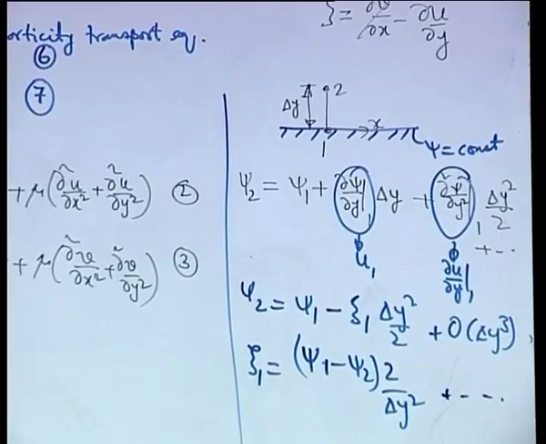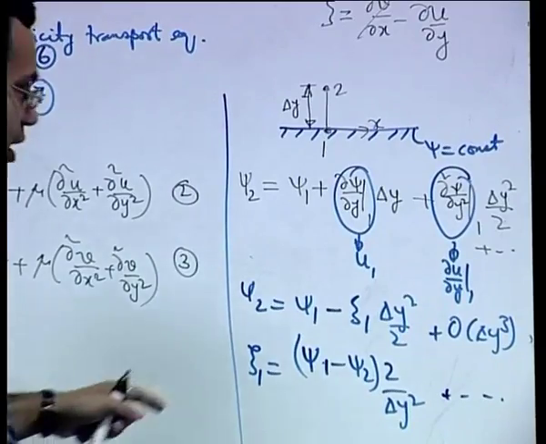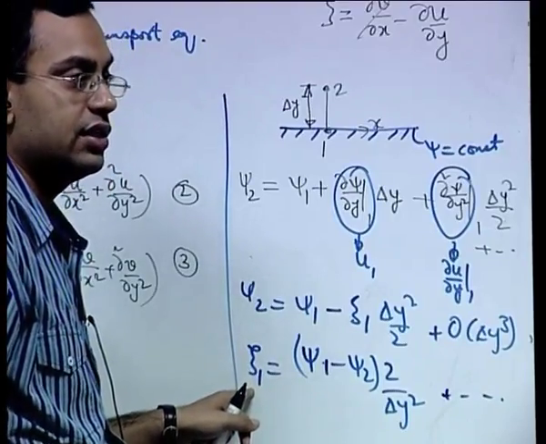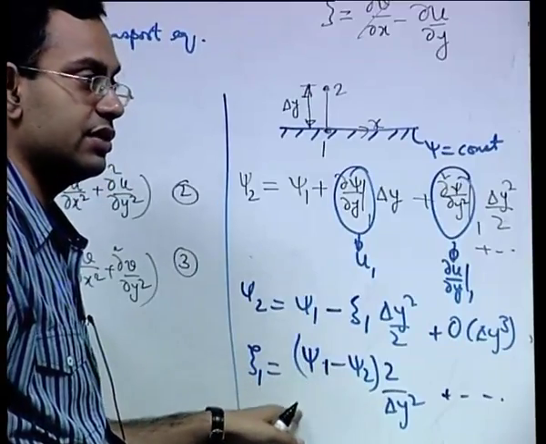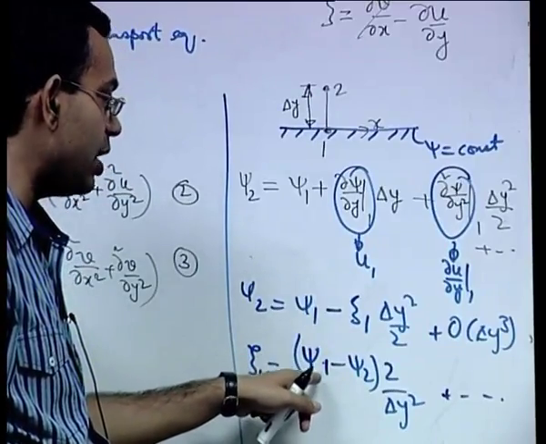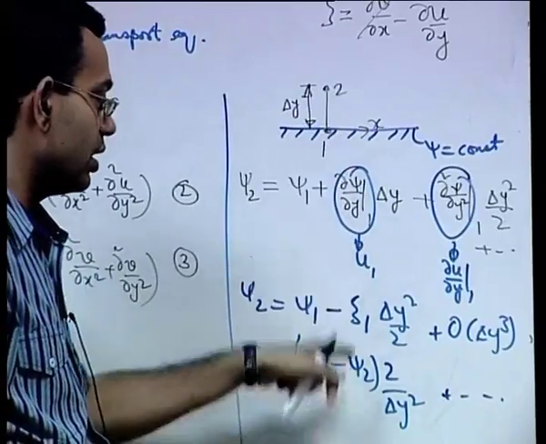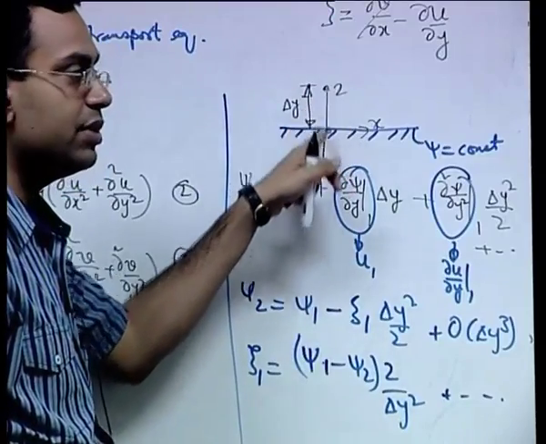So using a Taylor series expansion you can artificially generate a boundary condition for the vorticity in terms of the stream function. The stream function at the boundary, psi 1, you can set to 0 if you want, or some constant value. This one will come from the iterations.